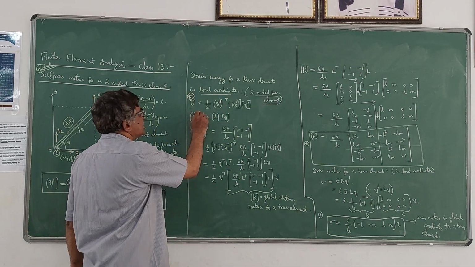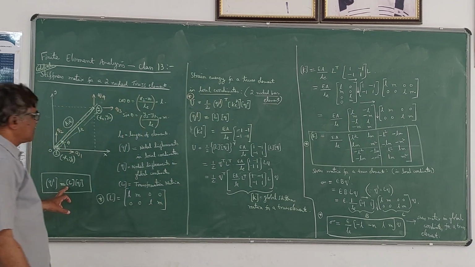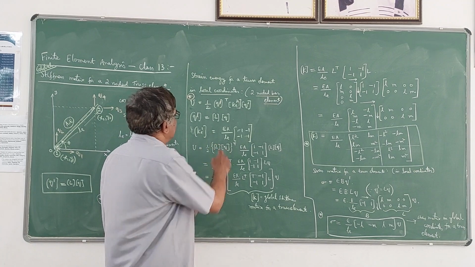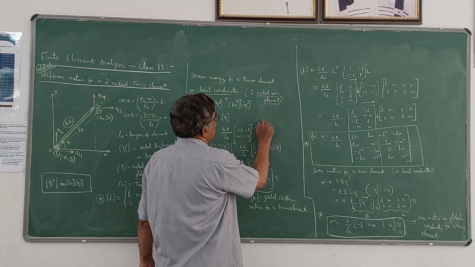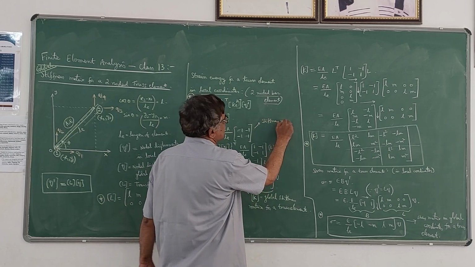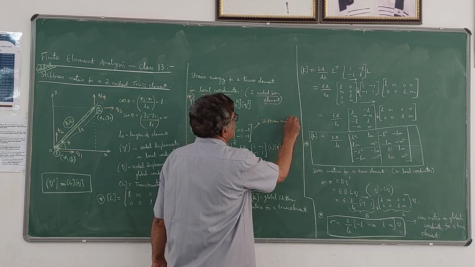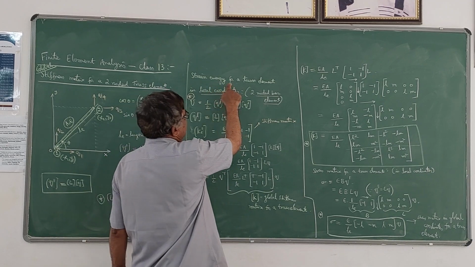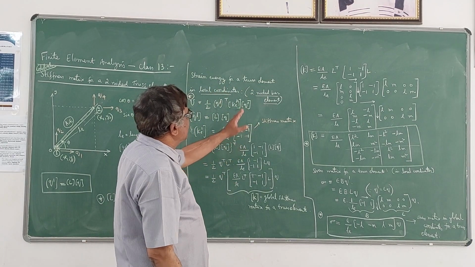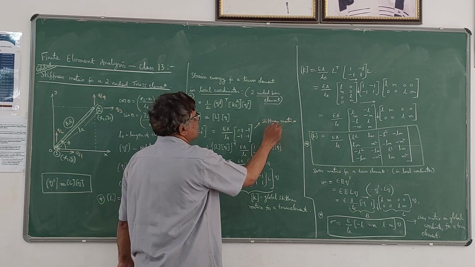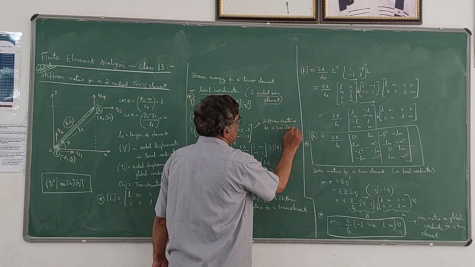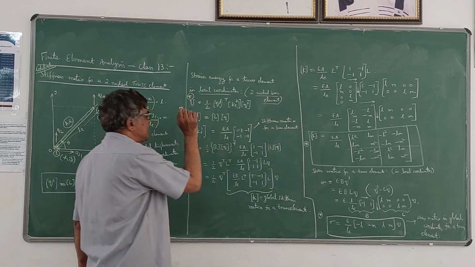Here q dash is given by L into q, and Ke dash is given by the stiffness matrix for a bar element which I derived in the last class, because the stiffness of a truss element in local coordinates will be the same as a two-noded bar element. So, the stiffness matrix for a bar element with 2 degrees of freedom total is taken as K dash.